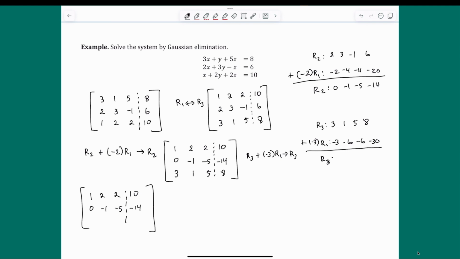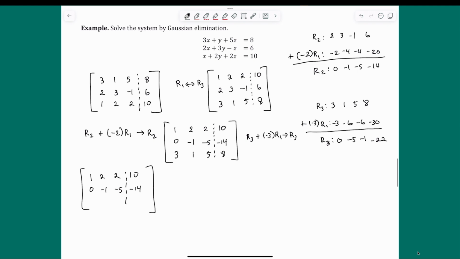Okay, so now adding each entry, that gives us 0, negative 5, negative 1, and a negative 22. So our new row 3 is 0, negative 5, negative 1, and a negative 22.